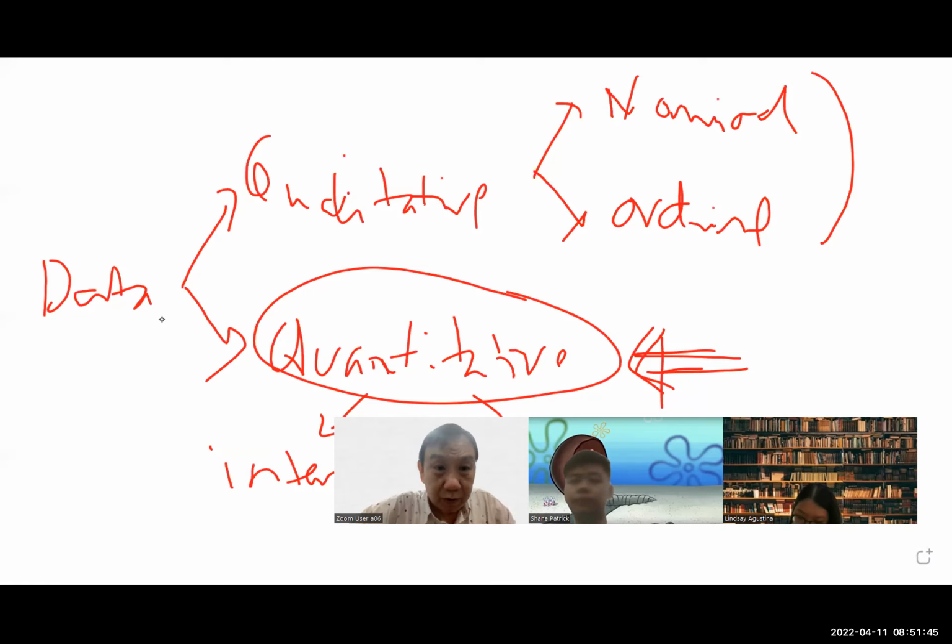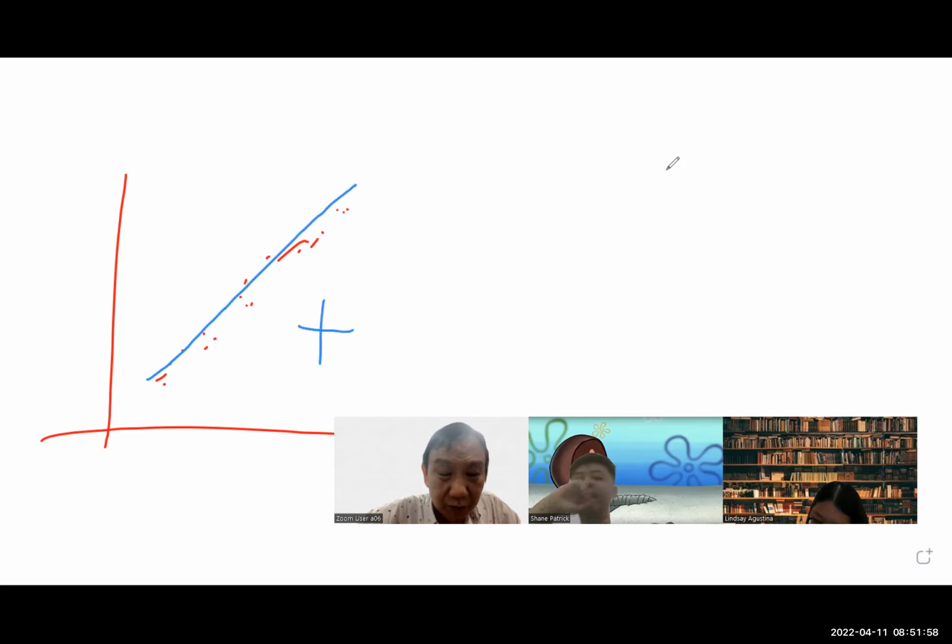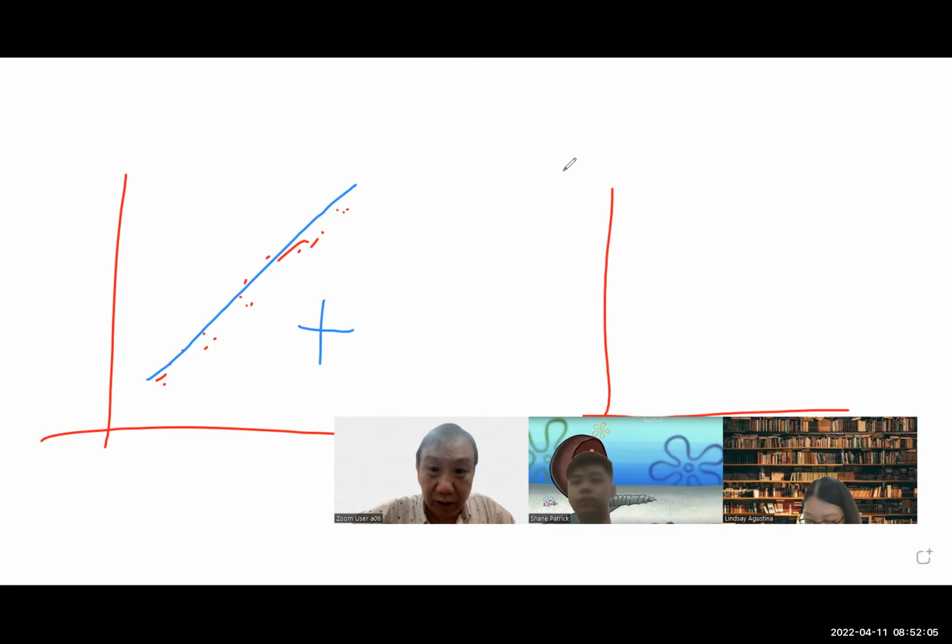Your data points, I will share my whiteboard now. If you have a positive correlation, that means your data points create a linear pattern, something like this. This is called positive correlation. Now, if you have negative correlation, your data points go downward, creating this kind of pattern.